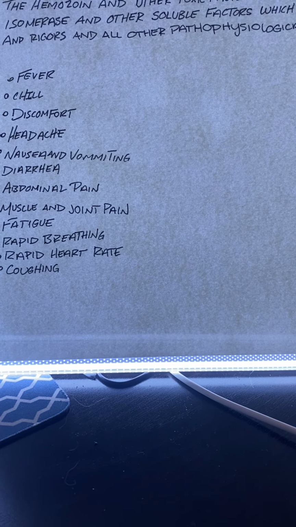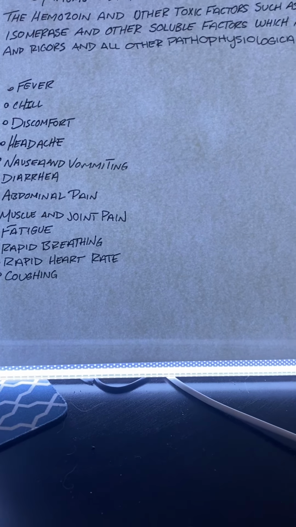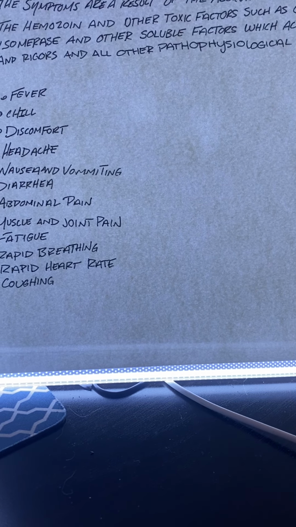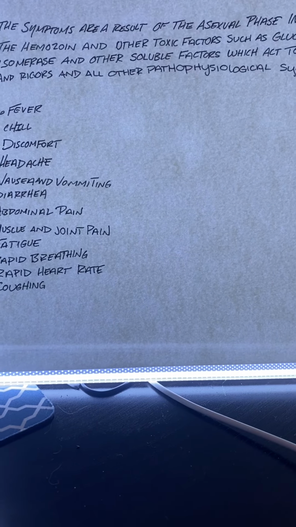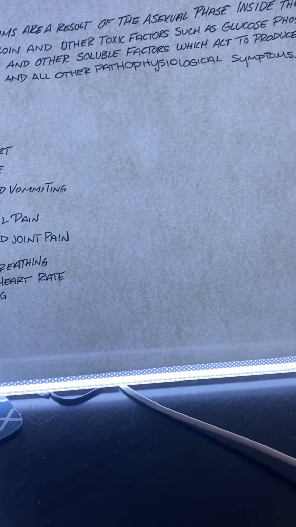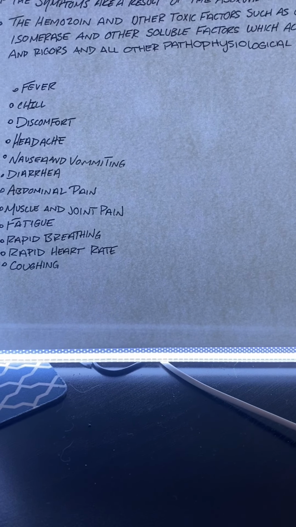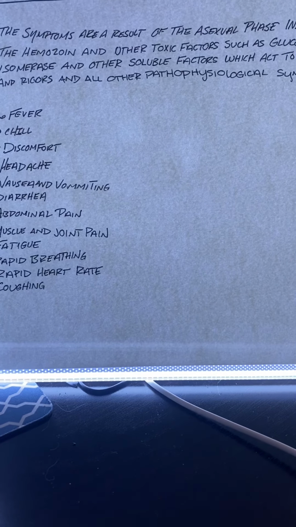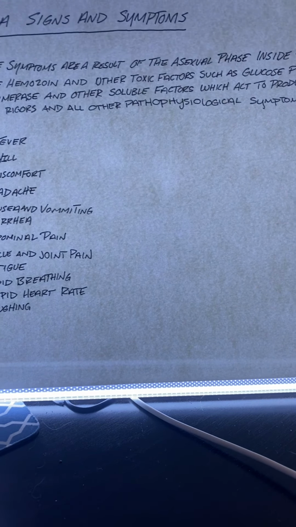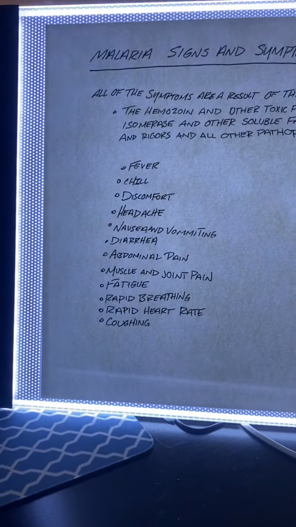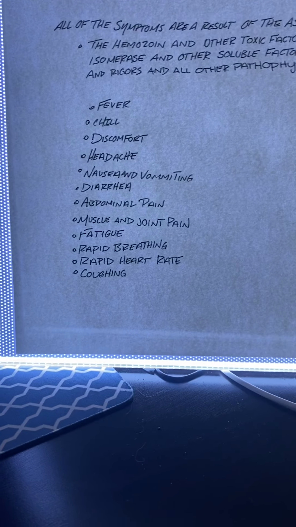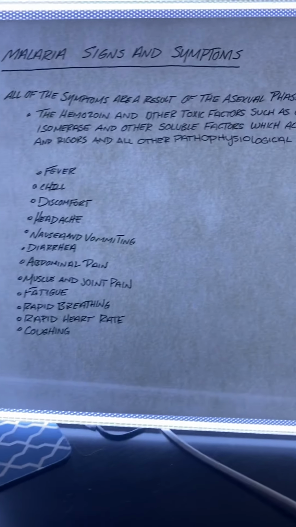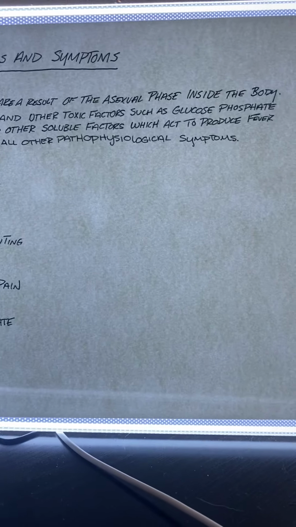So what's going on there is when those merozoites are taking over the red blood cells and causing them to rupture, there's a release of hemozoin and other toxic factors, such as one I wrote down here, glucose phosphate isomerase, and other soluble factors which act to produce those fevers and rigors and all sorts of other pathophysiological symptoms.